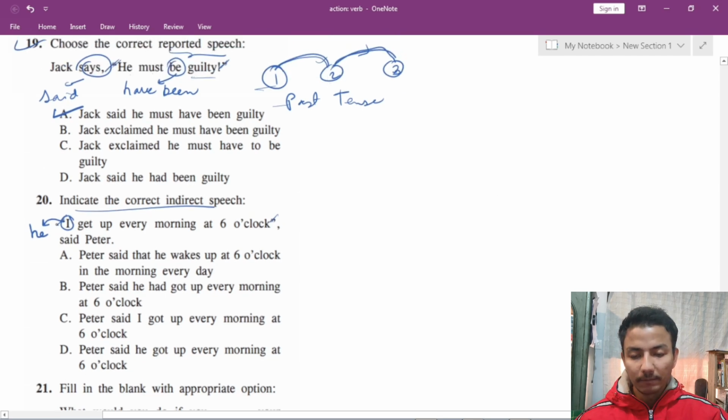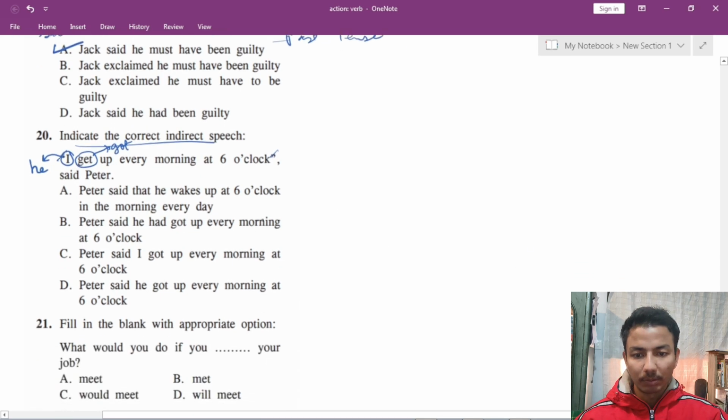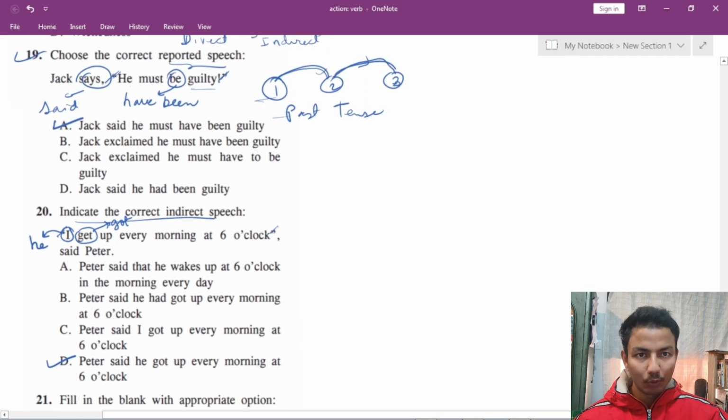So I will become he. Get, since we are talking in past tense also, get will become got. Every morning, Peter said he got up every morning at 6 o'clock. Just like that we are able to solve this one. Peter said he got up every morning at 6 o'clock. Answer number D.